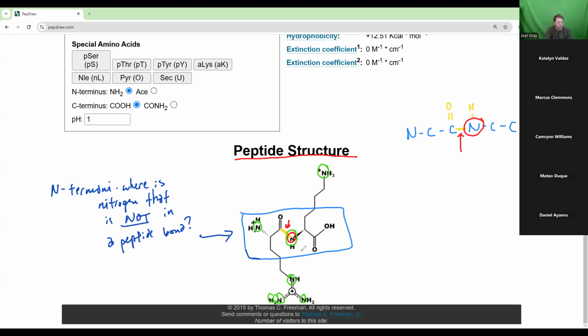One of them is in a peptide bond, and one of them's not. So would you agree, everyone, that this is the nitrogen that is not in our peptide bond? Perfect. So that nitrogen that is not a part of our peptide bond is the N termini. I'm just going to label it N term of peptide.